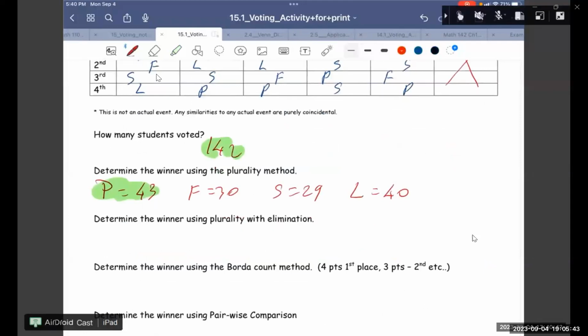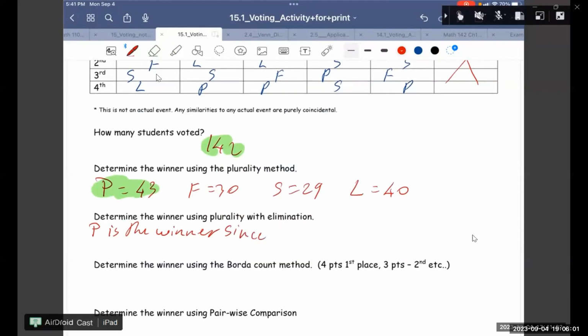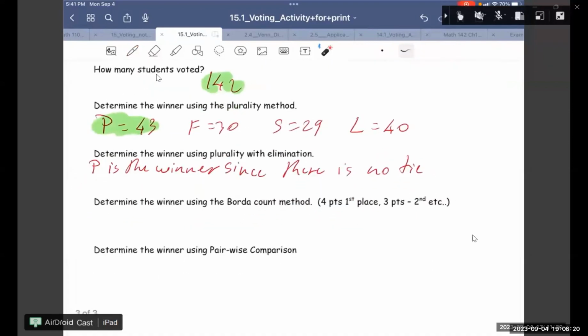So we can determine the winner for the elimination. P is the winner. We can see this, right? So right there.